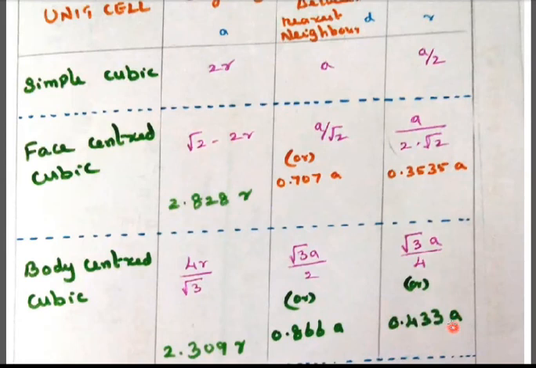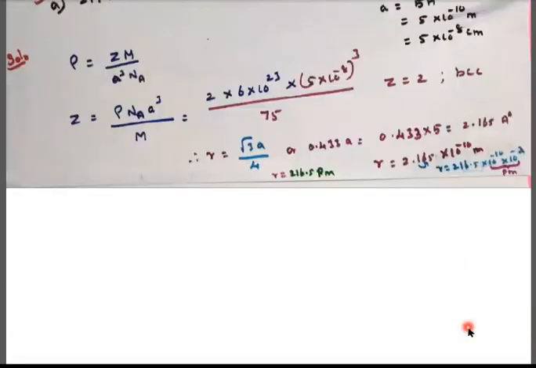Easily we can find the r value, the radius. Or we could substitute root 3 into the a value, 5 into 10 to the power minus 8, divided by 4, but substituting all these values will take a long process. So we simplify it using the 0.433 and the a value.